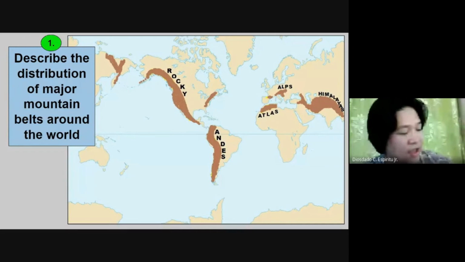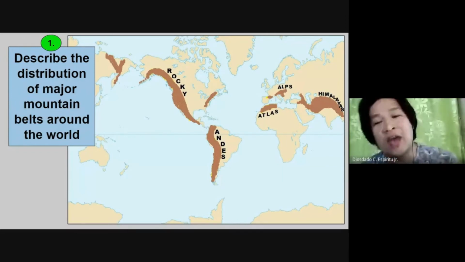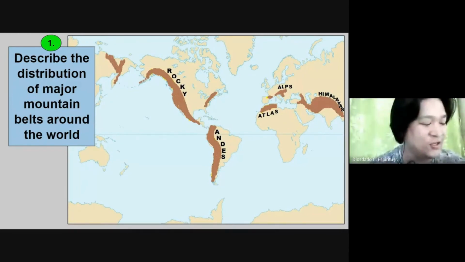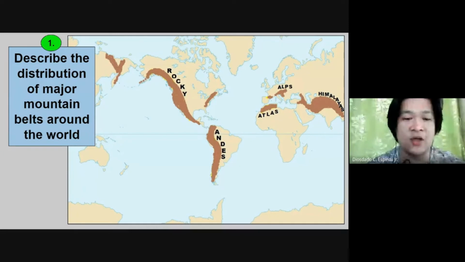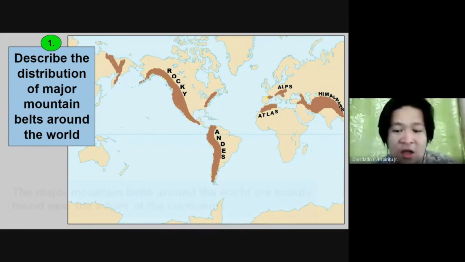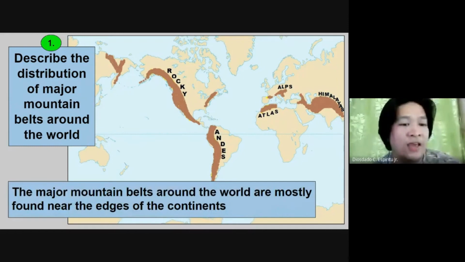Okay, so anyway, you already know the answer in your module if you happen to see the answer key at the back. So generally, most of our mountain ranges are found along the edges of, okay, yeah. So the major mountain belts around the world are mostly found near the edges of the continent.